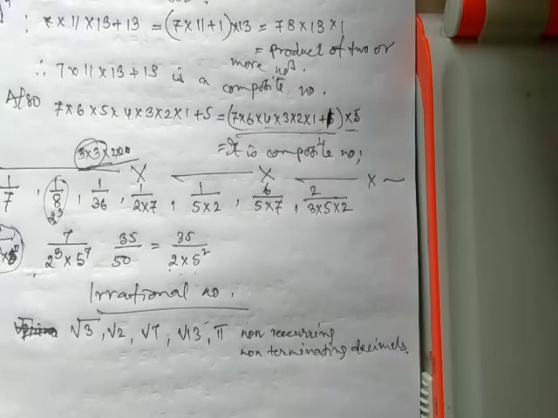Irrational numbers. And these numbers cannot be expressed in a by b form.